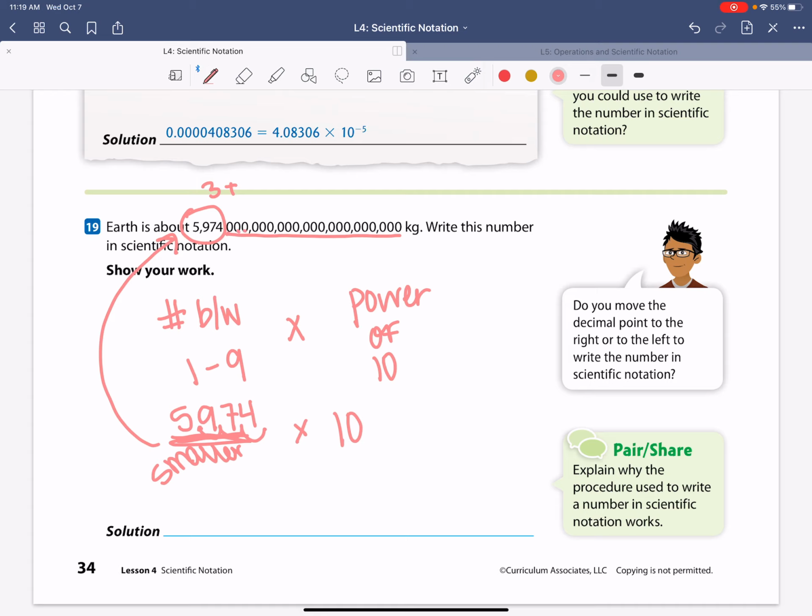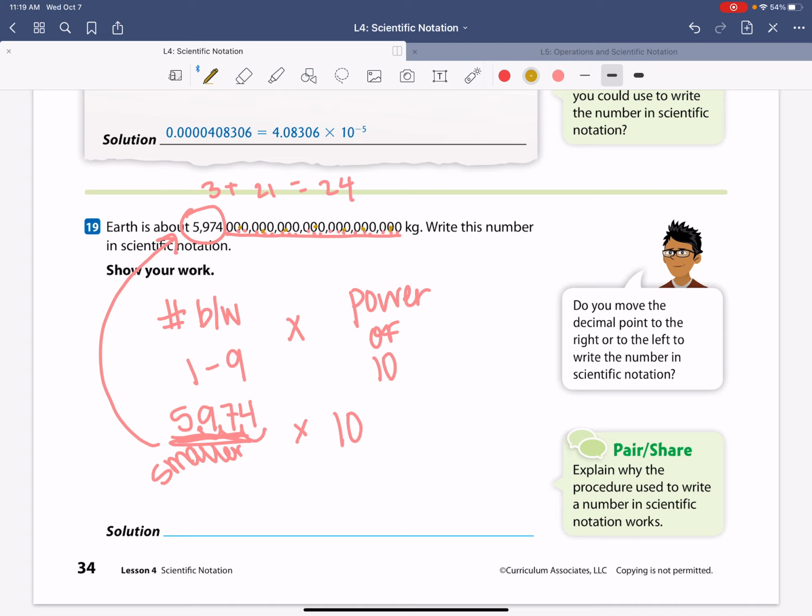So 1, 2, 3, 4, 5, 6, 7, 8, 9, 21. All right, so then we're moving it 24 times. You can just easily count that: 3, 6, 9, 12, 14, 16, 18. Oh, I think I just did that super wrong.